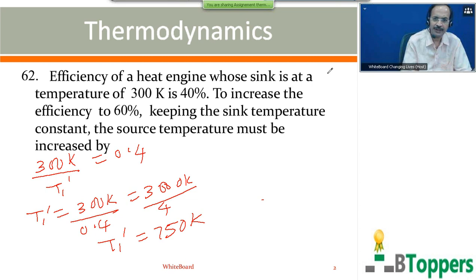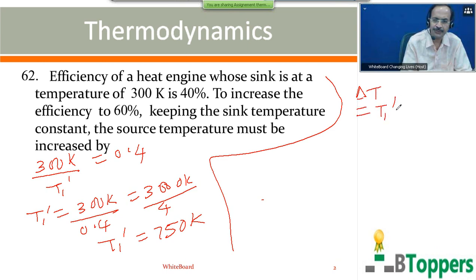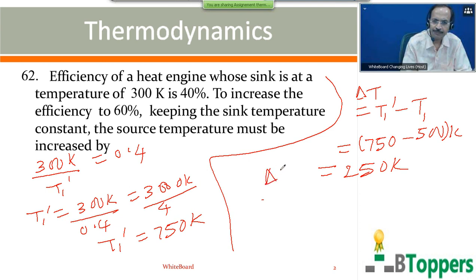That means the temperature of the source in the second case has to be 750 Kelvin. So the increase in the temperature of the source, if I denote it by delta T, is the new temperature of the source minus the temperature of the source in the first case. New temperature of the source has to be 750 Kelvin. Temperature of the source in the first case is 500 Kelvin. That means the temperature of the source has to be increased by 250 Kelvin. So the answer is 250 Kelvin.